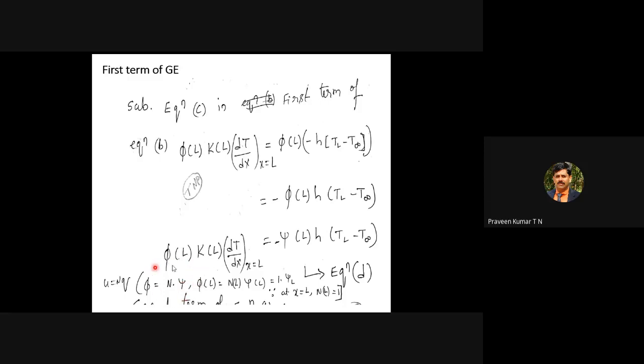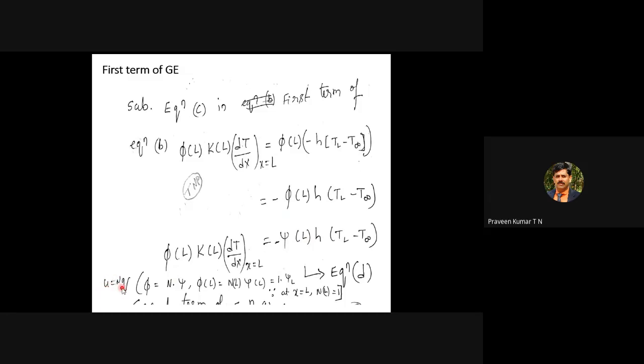The temperature at any point within the element we can get from xi equal to NQ. So xi of L is equal to N of L into xi of L. N of L is nothing but the shape function at x equal to L, which is 1, so phi of L is also equal to xi of L. This equation you are repeatedly using.